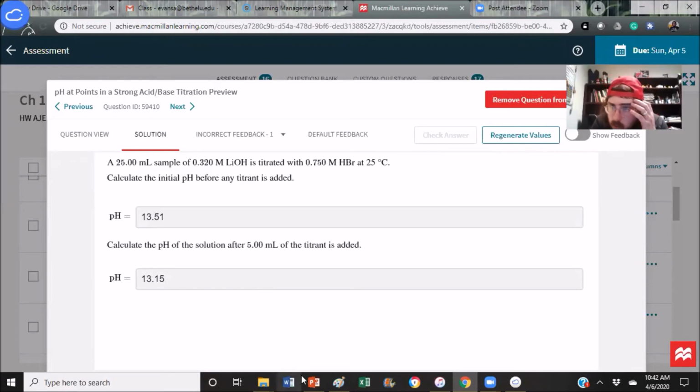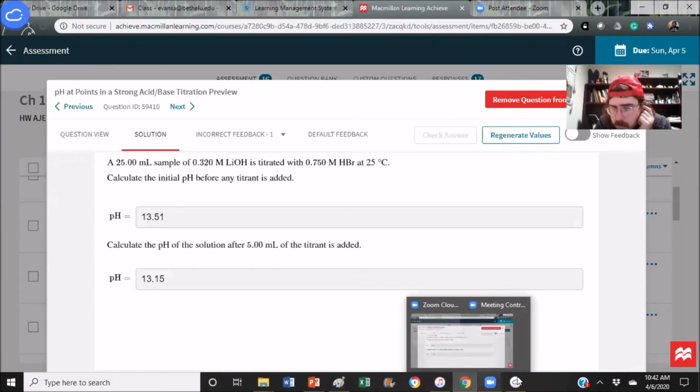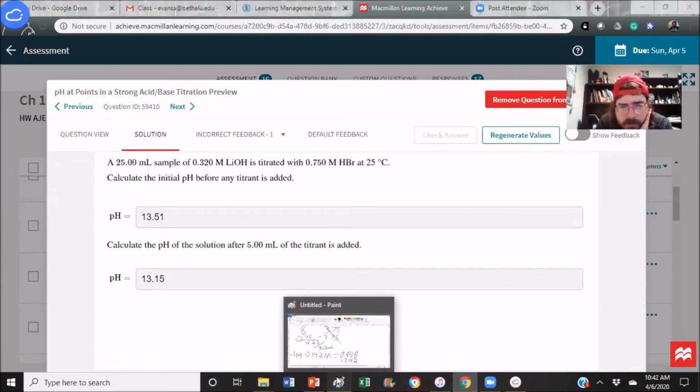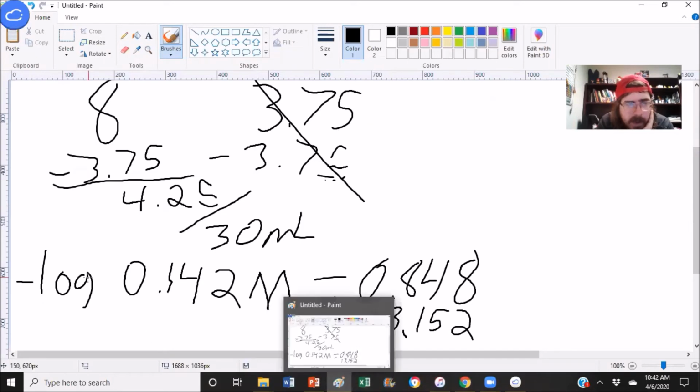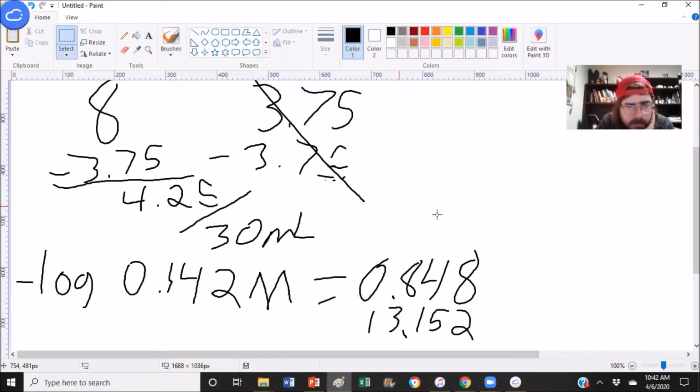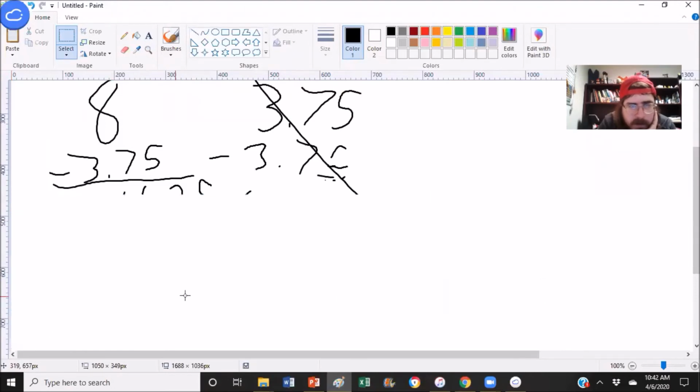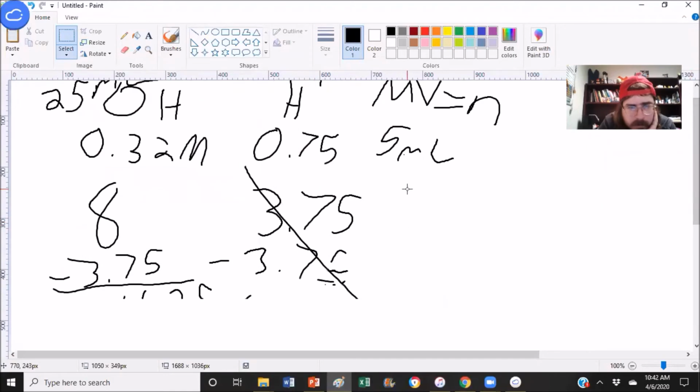Now, there's 2 other data points we could take here. They only asked this of us, but there's 2 other data points: the data point at equivalence point, and the data point after equivalence point. So let's look at that.